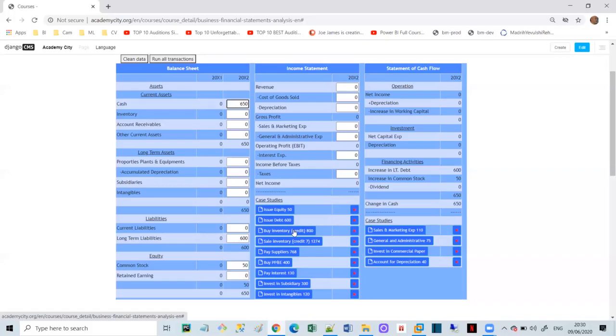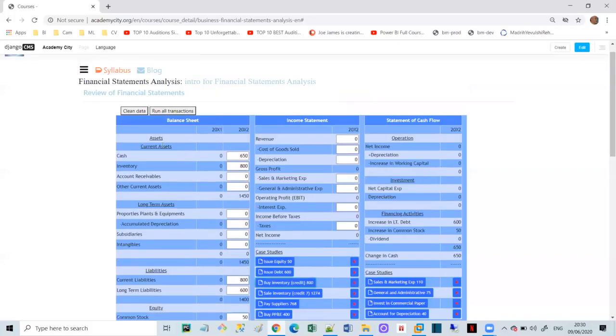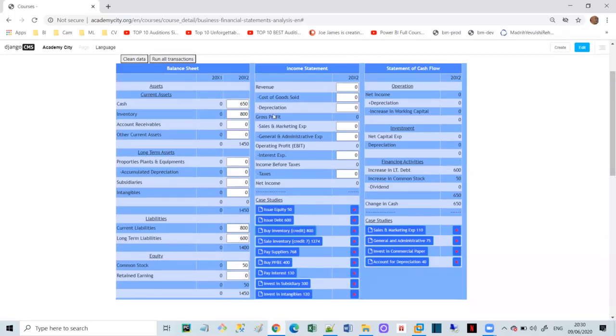So I'm clicking on here and it will show me what's really happened. I bought 800 worth of inventory. So I have now the cash and I have the inventory. Since I didn't pay any money, my bank account did not go down. I have in my warehouse now 800 worth of inventory, but I got it as a loan from the supplier.